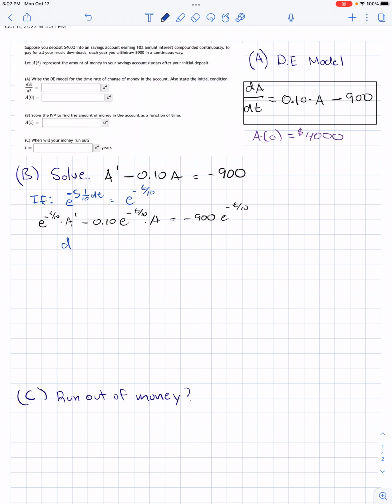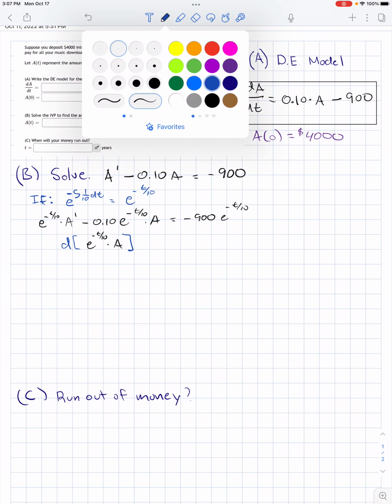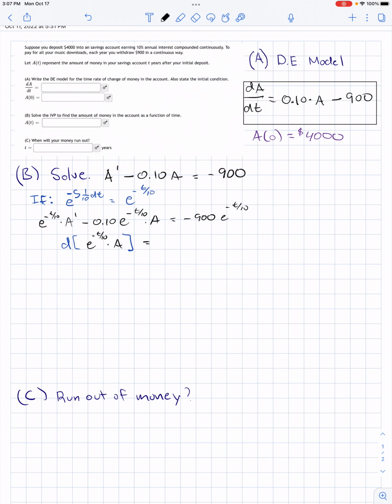So the derivative of our integrating factor, e to the negative t over 10 times A, is equal to negative 900 e to the negative t over 10.